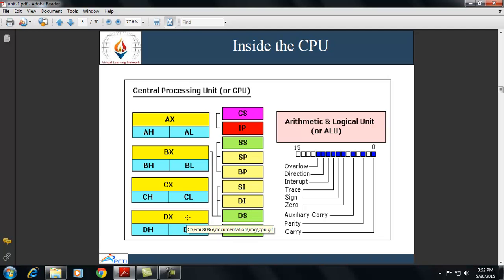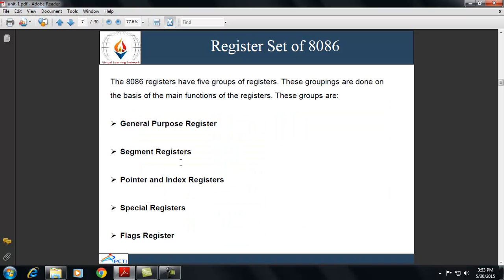Next one is CX register, that is defined as counter register. It is used in loop instructions to store the loop counter. And next one is DX register, that is used to store the input output port address for the input output instruction. Now this is all about the general purpose registers.